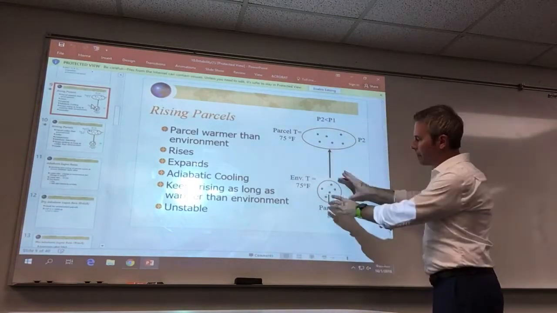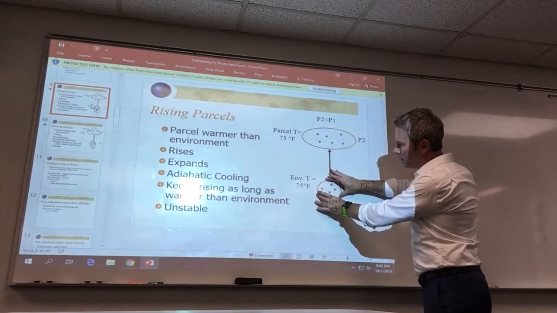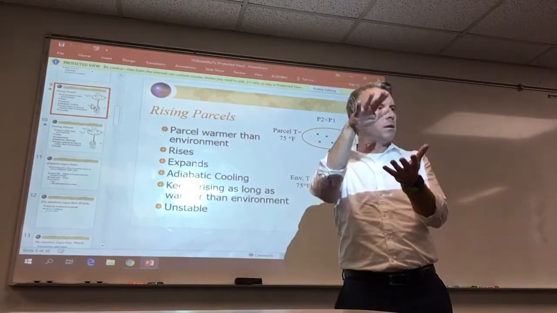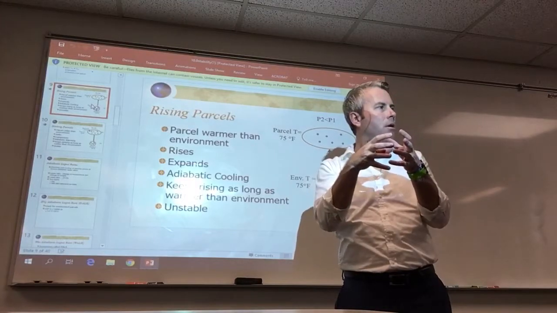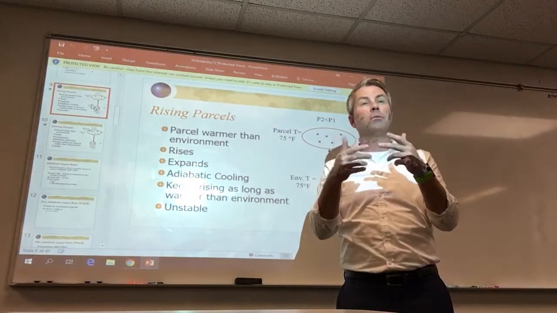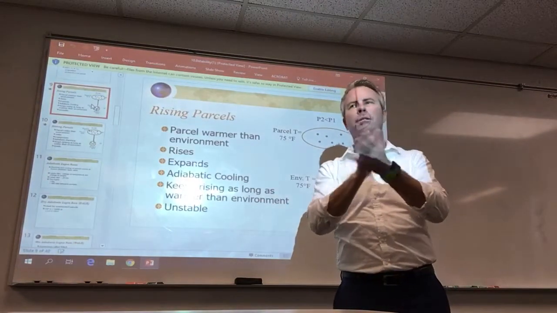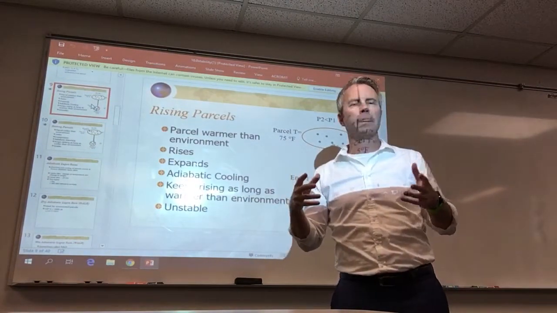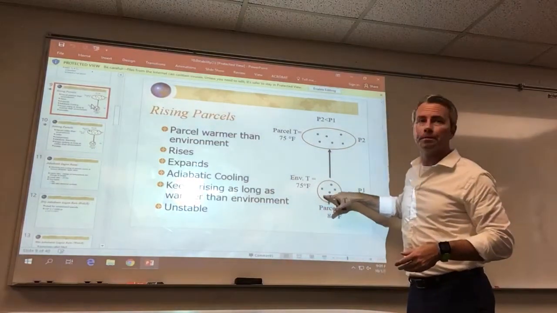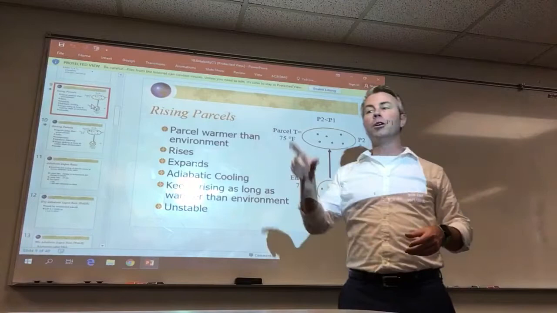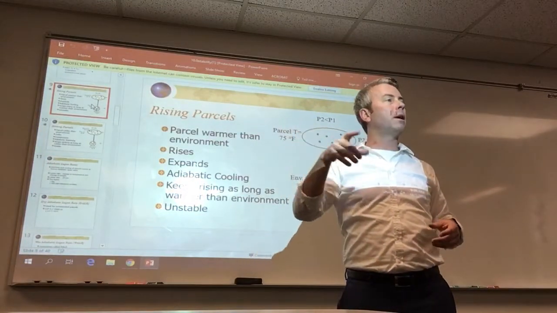But we also know that if our little air bubble is closer to the surface, closer to the ground, it's going to have more impact from gravity, thus it's going to be a tighter package. There's going to be more kinetic energy, which is why it's warmer than the environment, right? Because all the molecules are smashing into each other, so they're creating more energy. Well, just like a balloon, once that starts to go up into the atmosphere, and you know from when we go up in the atmosphere what happens to pressure.